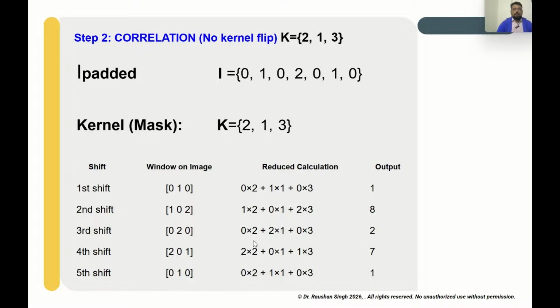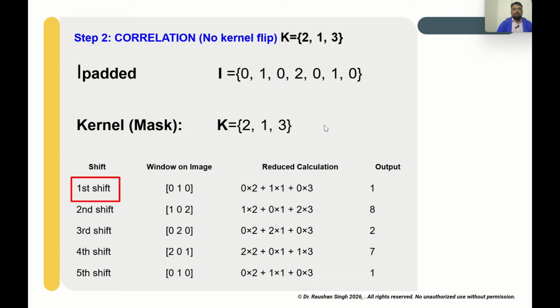Coming to the calculation, it is very easy. This is your padded image and this is your kernel mask. Just multiplication will happen. This 0 will be multiplied with 2, this 1 with 1, and this 0 with 3.